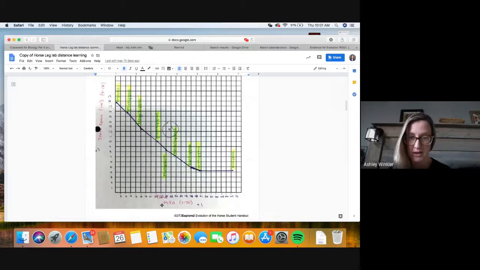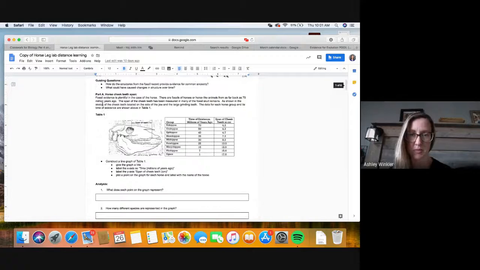So I went ahead and I did the graph. This is my x-axis, which is millions of years ago, and then the teeth span. And what they're looking at when they talk about the teeth span is how wide it is from the back of the very last tooth to the front of those side teeth, not the front teeth. So that's what they're looking at, is teeth span.